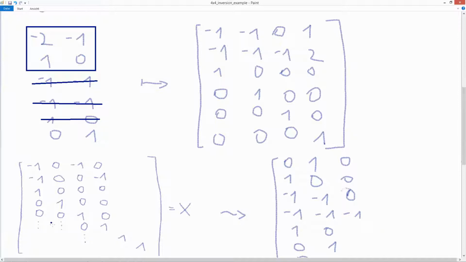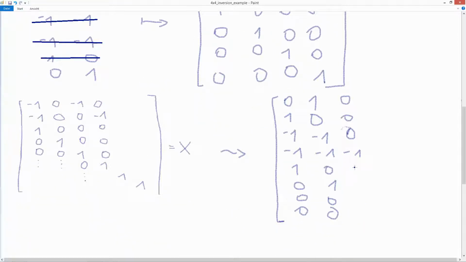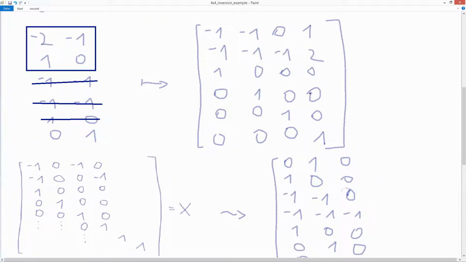And 0, 0, 1, 0. Okay, and now the last column, inserting in X yields us 1 times -1.